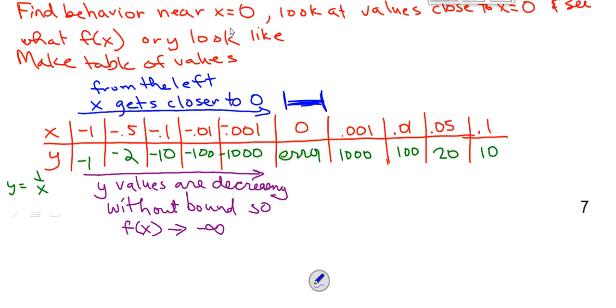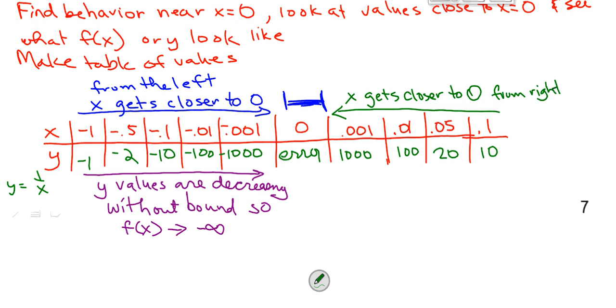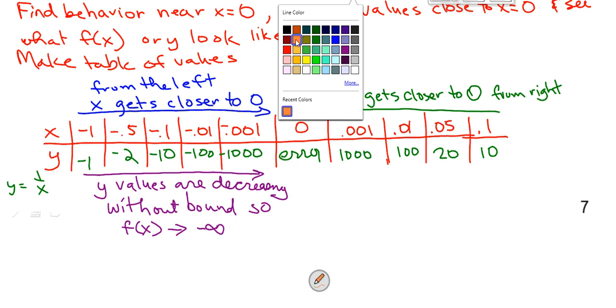But first, we'll also look at what happens on this other side. And so here, from the right, as I'm looking at these x values going from the right towards 0, x gets closer to 0 from the right. And we'll talk about what that means, the right and the left, as we go.